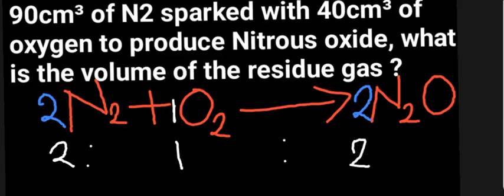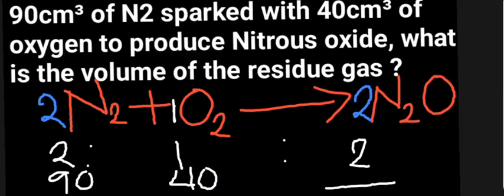So let's look at the volume before the two gases sparked. This is the supplied volume. I want to call it supplied volume, even though in your exams they call them given volume or volume before sparking. So 90 is for nitrogen, oxygen is 40 cm³, and before sparking we don't have anything on the product side because they have not reacted.